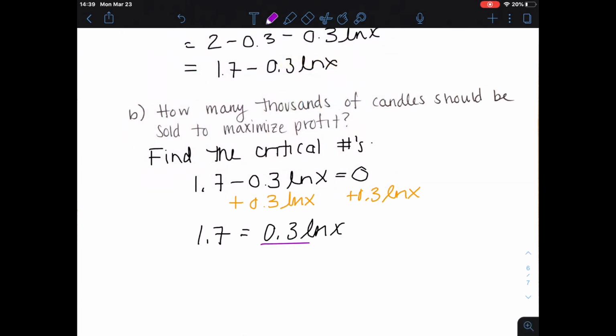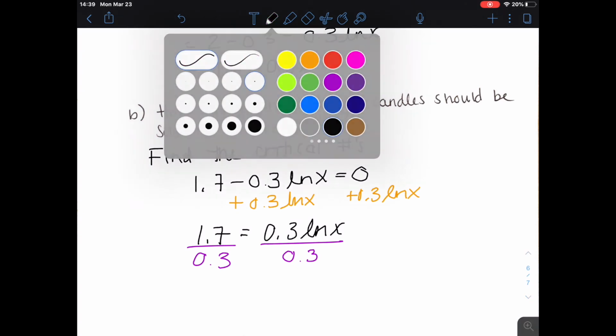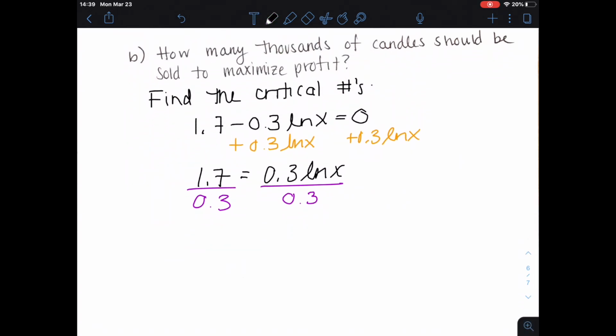Then go ahead and divide by 0.3. You're going to get a rough approximation if you plug it into your calculator immediately, so I'm just going to leave it as is. The natural log of x is equal to 1.7 divided by 0.3. So if you take e to both sides, because the e and natural logs undo each other, you get x is equal to e to the 1.7 divided by 0.3.